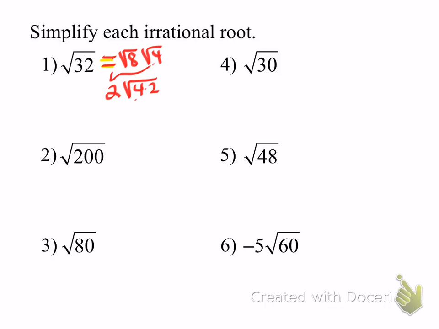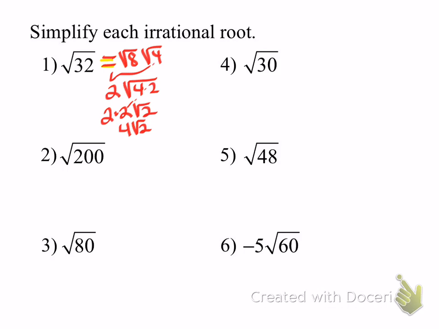And then you have to simplify that 4. Oh, when you break out the 4, you have to multiply that by 2. Okay, so that's a 2. So it's 2 times 2 times radical 2. And it becomes 4 times radical 2. 4 rad 2. Okay?